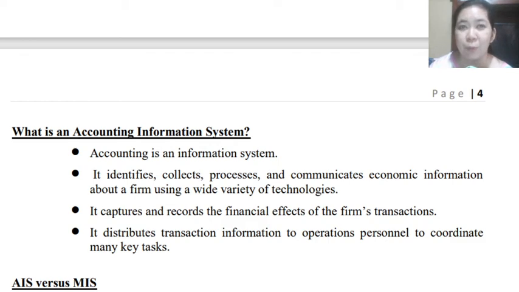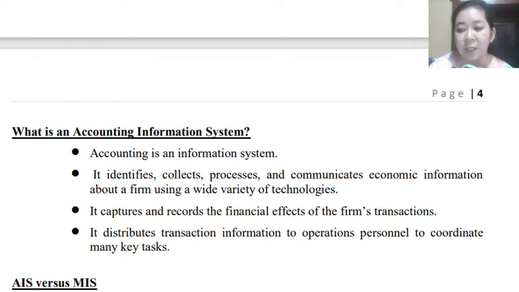Okay, so we focus on the functions of accounting. An accounting information system, or AIS, identifies, collects, processes, and communicates economic information about a firm using a wide variety of technologies.